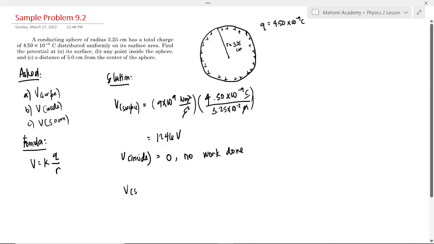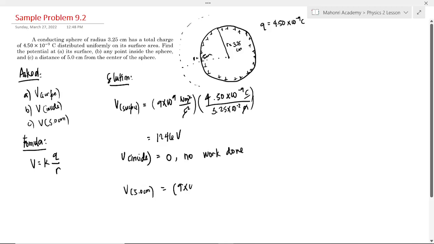And lastly, what is the potential at 5 centimeters from the center? Well, if I draw an R of 5 centimeters, you will notice that your charge will be found inside, right?